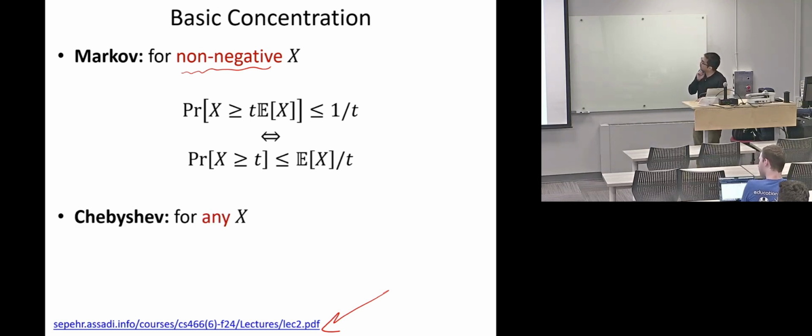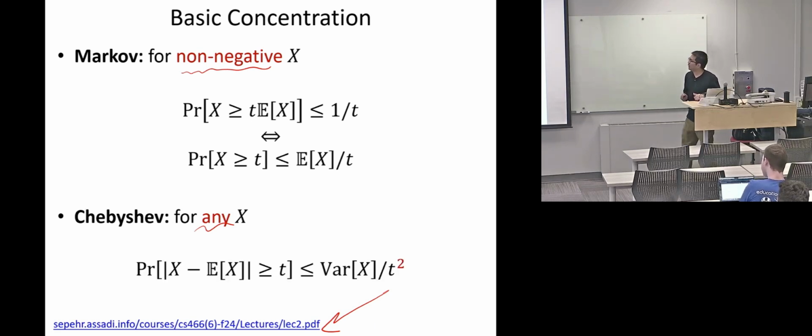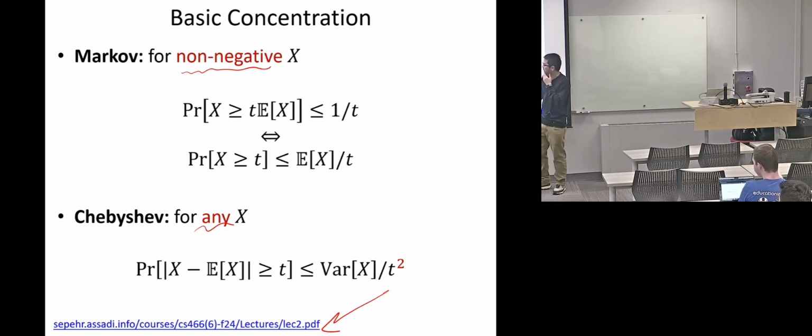For Chebyshev, okay, Chebyshev applies for any random variables, not just non-negative ones. But it says something similar. It says that x deviating from its expectation by t, this event will happen with probability at most the variance of x over t squared.